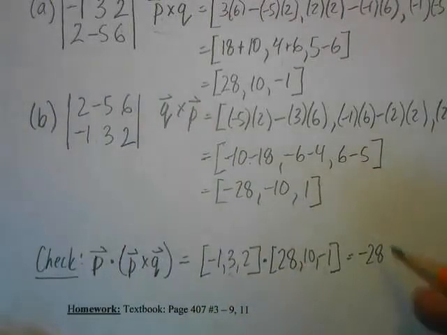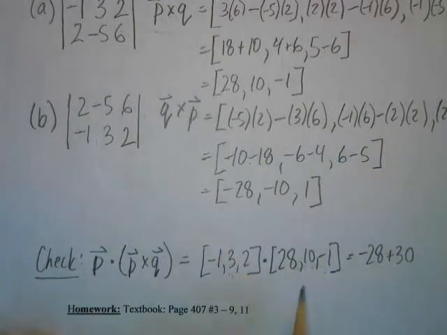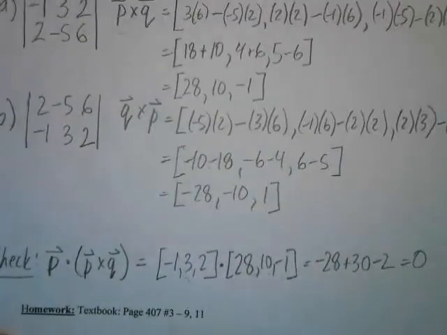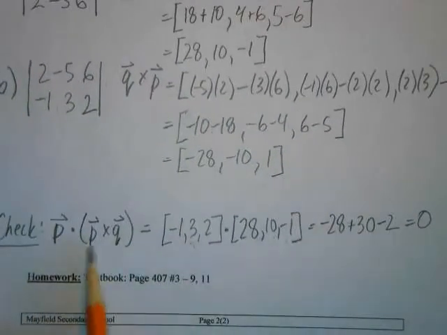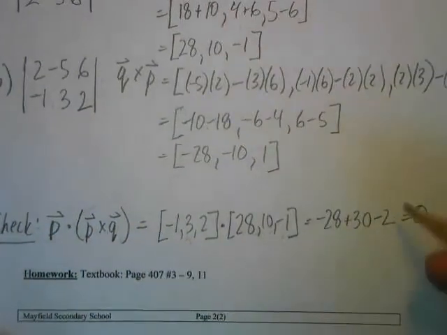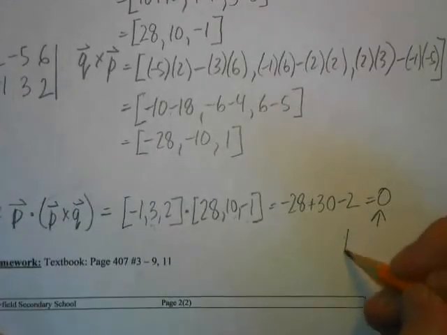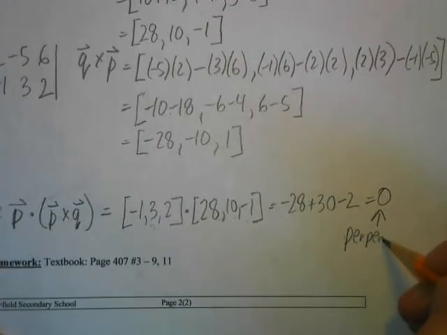So that's plus 30. And add the product of the two z components. That's negative 2. So minus 2. And if we add these together, we get 0. And that's good news because that tells you that P is perpendicular to the cross product that we got. So that result of 0 means they are in fact perpendicular.